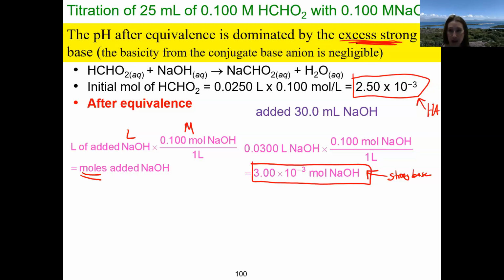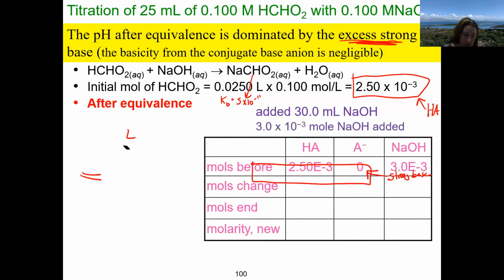This brings us back to when you were doing the pHs of two weak acids, and we decided that we only have to use the stronger of the weak acids, and we can ignore the other one. Same thing here. The Kb, I think, was 5.6 times 10 to the negative 11, and that's going to become important in a second.